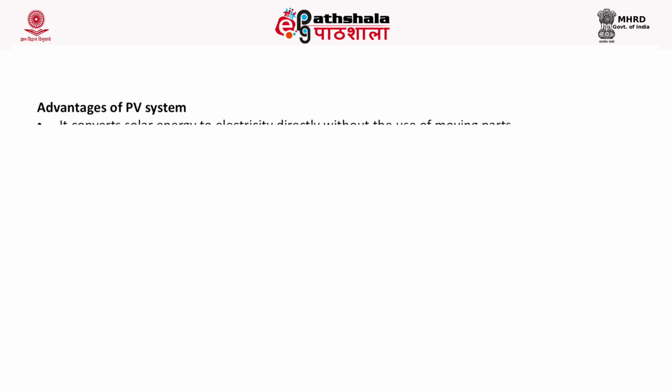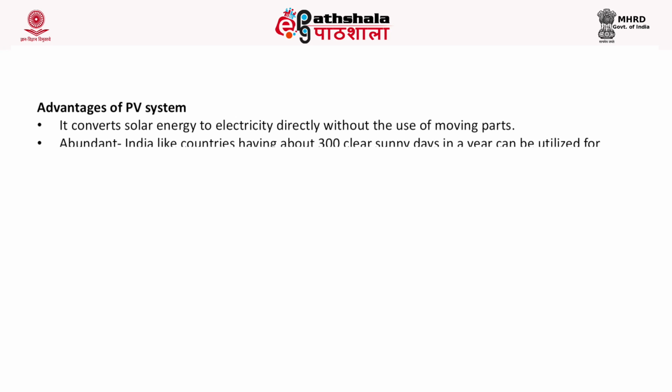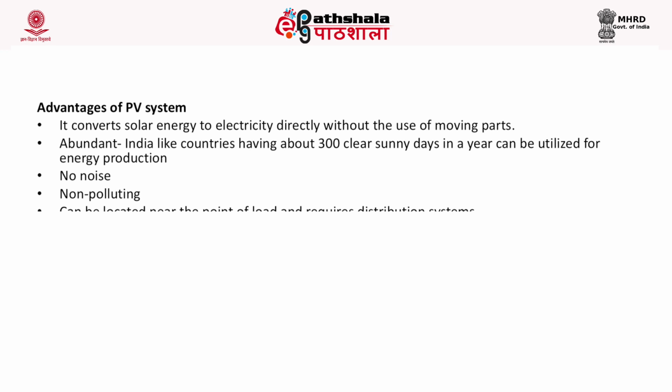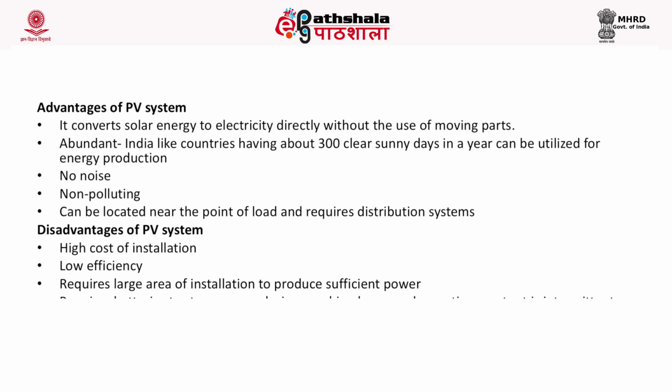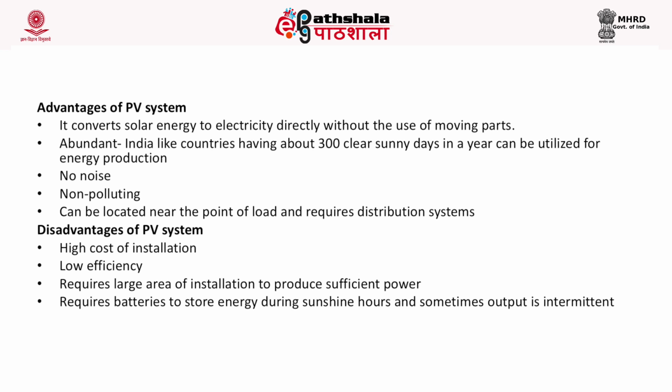Advantages of PV system. It converts solar energy to electricity directly without the use of moving parts. A country like India, which has about 300 clear sunny days in a year, can utilize this solar energy for energy production.